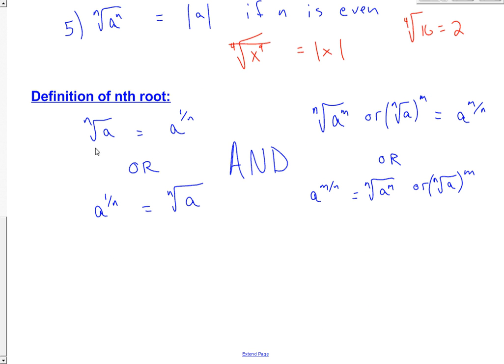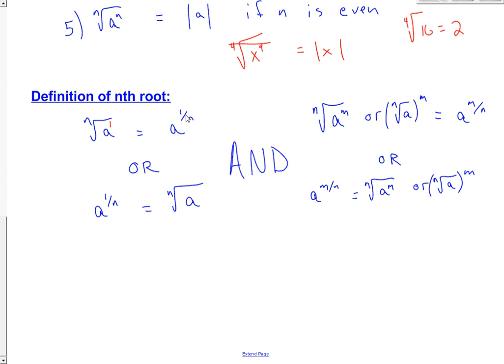Definition of nth root. Okay, if I have the nth root of a number or a variable, I can rewrite that into exponential format where the radical value becomes the denominator on the exponent. So right now, the exponent on a is 1. So if I have the nth root of a, or a to the first, then I can rewrite that without the radical as a to the 1 over n.